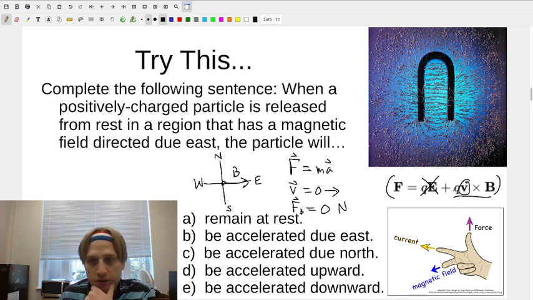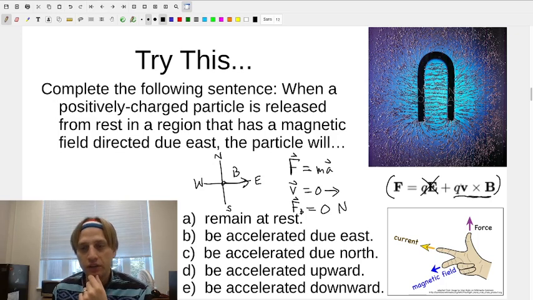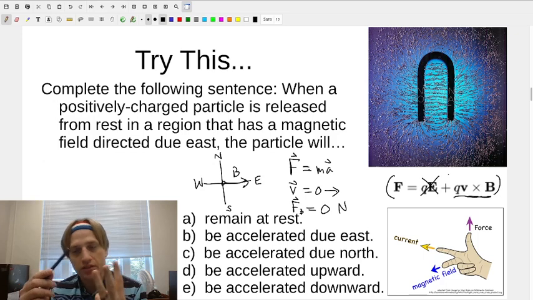If I have like a neutron that doesn't experience electric charge, then you're not going to get much action from the magnetic field. If you put in a stationary charge, you're not going to get much action from the magnetic field. So you have to have, well, I guess three different things.